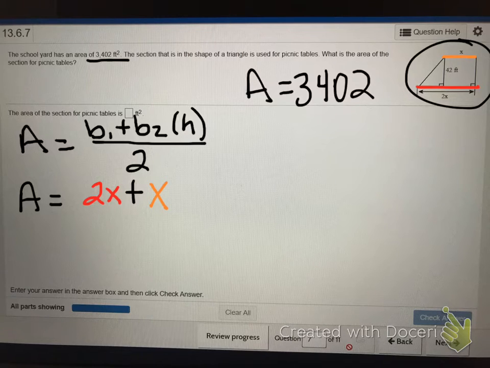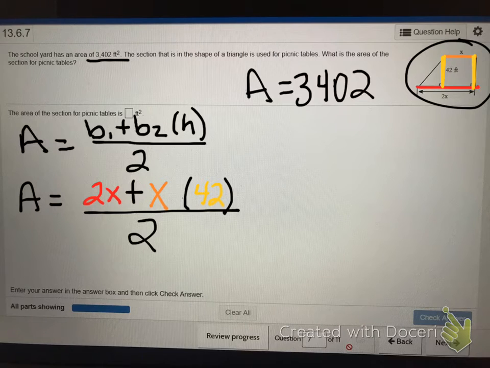Then we need to multiply that times our height. Our height is this line right here, could also be this line right here, either one. We know that's 42 feet. So I'm going to fill that in, and then we need to divide that whole shebang by 2.